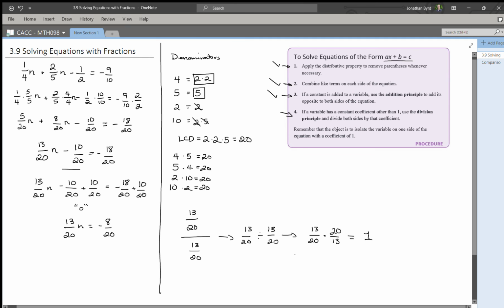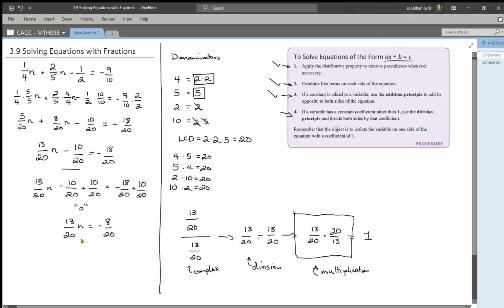But I want us to look at this part. Instead of always writing a complex fraction and saying, okay, I'm going to divide by the coefficient, and the coefficient is 13 over 20, I want us to think about it in this term. If I'm going to go through this whole process of starting with a complex fraction and then simplifying it down to a division problem, and then switching this to a multiplication problem ultimately, then I could just save myself the trouble and say, okay, I see where this pattern goes.